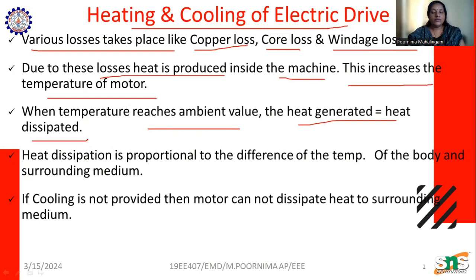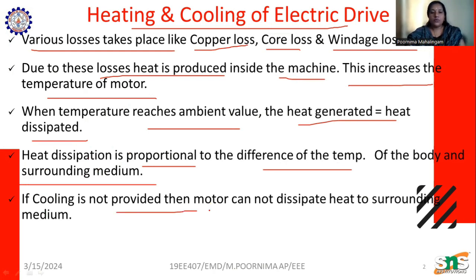The heat generated inside the machine must be equal to the heat dissipated out of the machine. The heat dissipation is proportional to the difference of the temperatures of a body and the surrounding system.